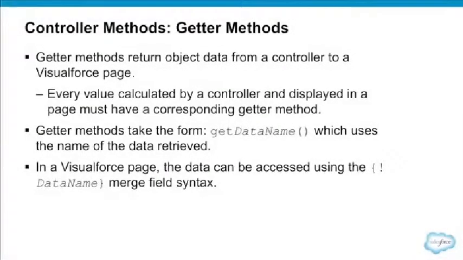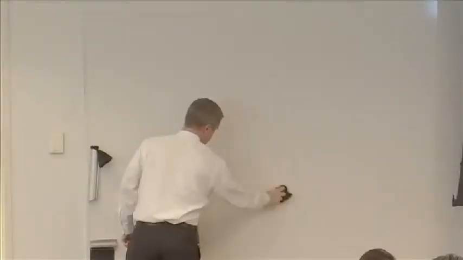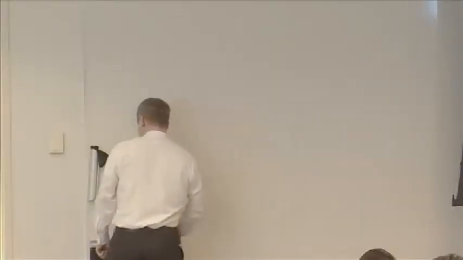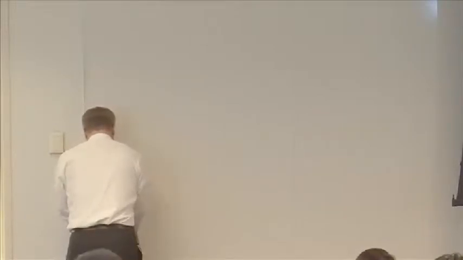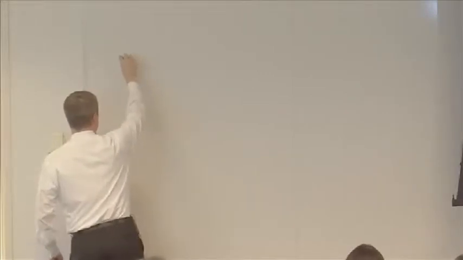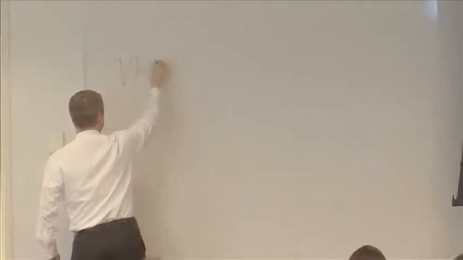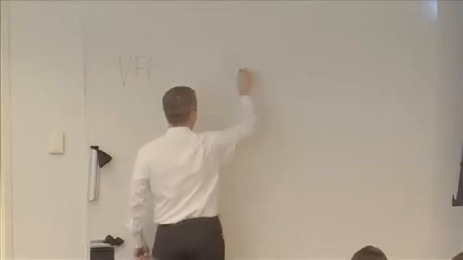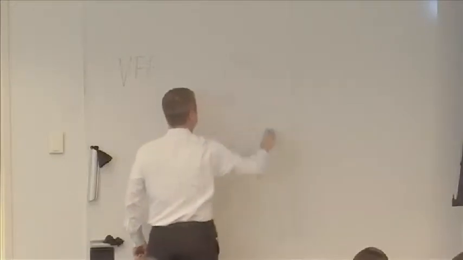The first thing that I'd like to talk about are our getters. It's a pretty straightforward model that we use in terms of a page calling getters in the controller. So here's my Visualforce page, and then over here I have my Visualforce controller.